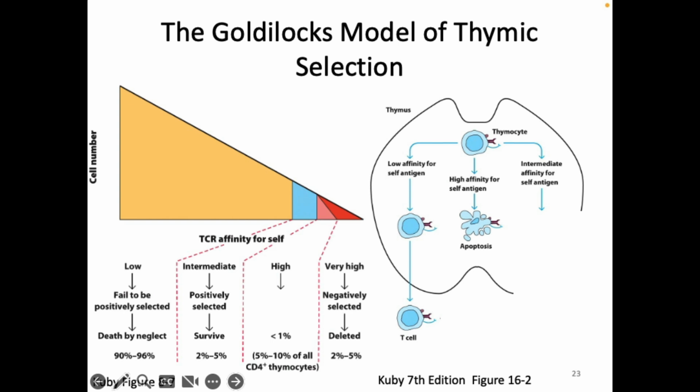If a developing T cell cannot get any signal in the thymus, if it binds absolutely nothing in the thymus, it gets no signal. It is useless, and it undergoes a process that we refer to as death by neglect. Sometimes we also say that we ignore the useless cells.